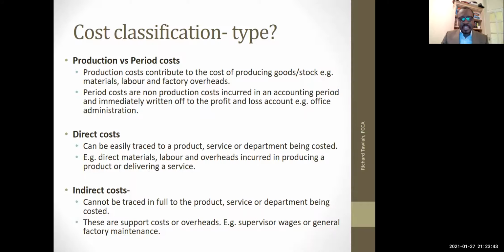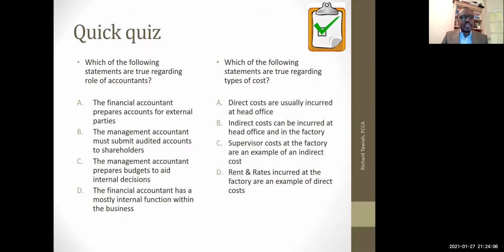So talk of direct labor hours, direct material, direct overheads, okay, these are directly attributed to the cost. However, some production costs cannot be directly attributed to the product. And these indirect costs could be supervisors' wages, general factory maintenance, factory floor rent, stuff like that, okay. So let us pick these two questions.